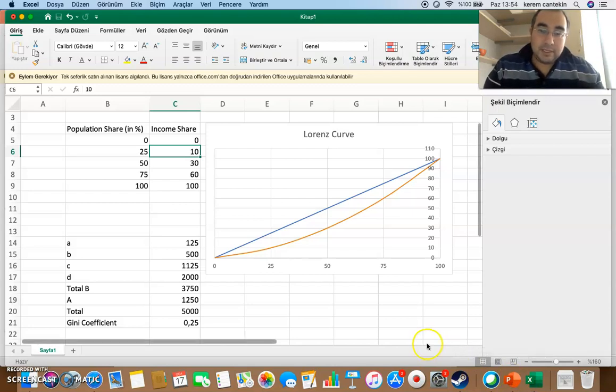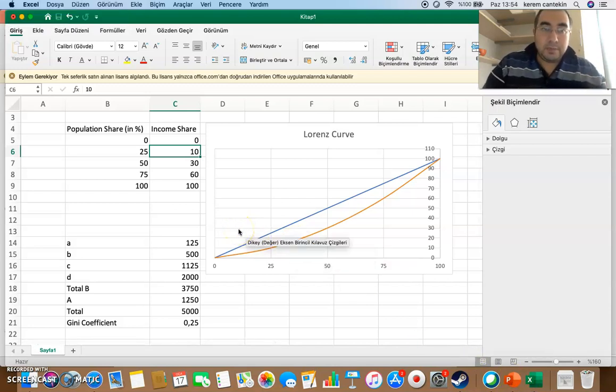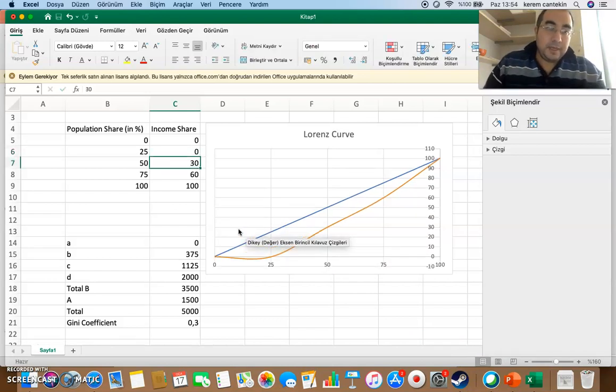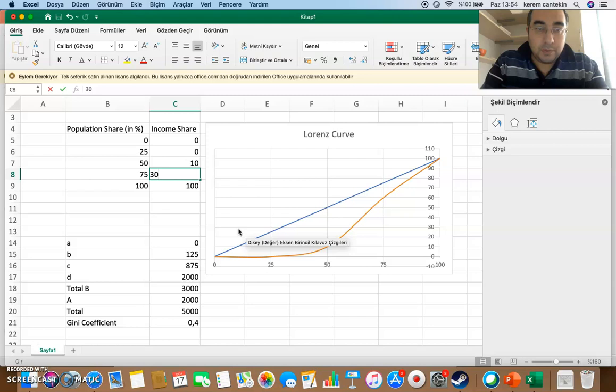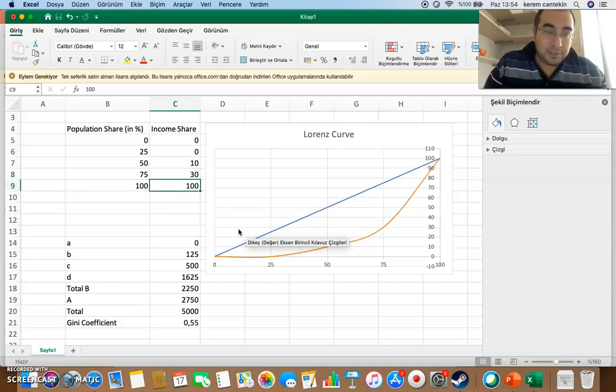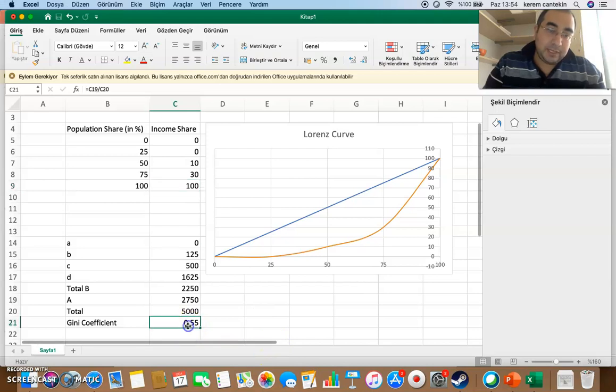For now, let's assume the bottom 25% has 0% share. Let's say 50% has around 10% share. 75% has, let's say, more than 10, of course, 30% share, and the rest belongs to the top 25%. In that case, the Gini coefficient has increased to 0.55, basically.